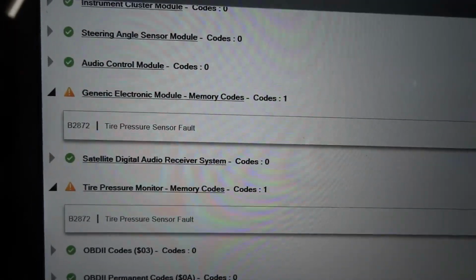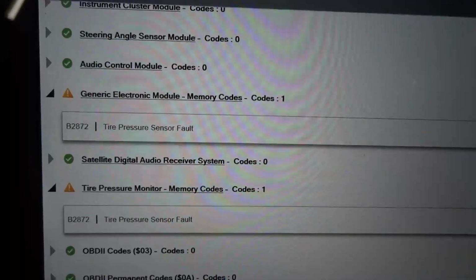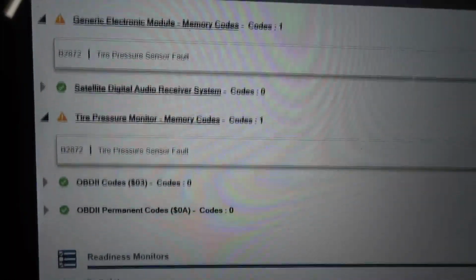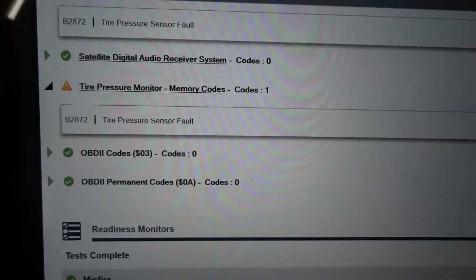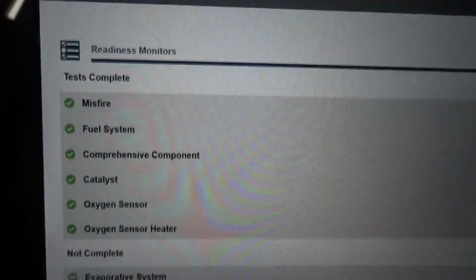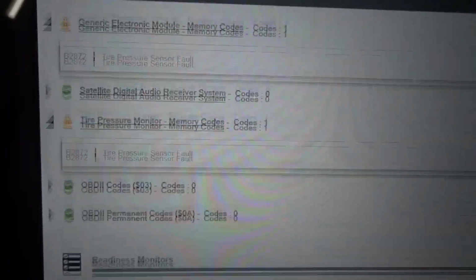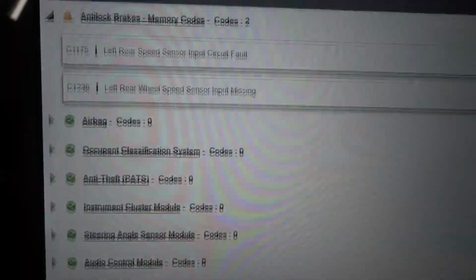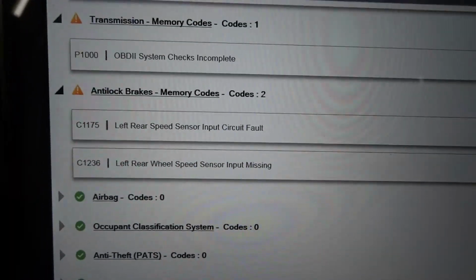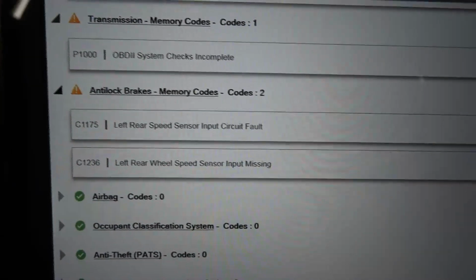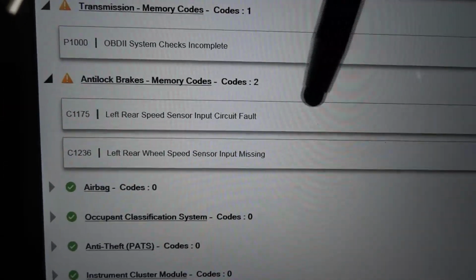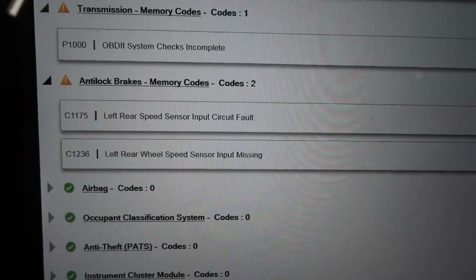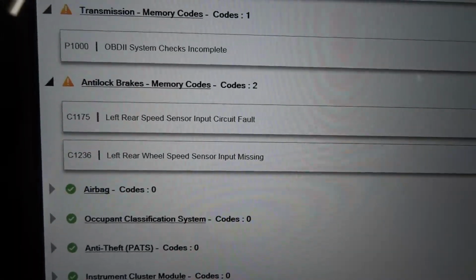So we got some tire pressure sensor fault codes over here. We got zero codes in the OBD, the generic side, so there's no code there. That's good. All right, so let's go back to the ABS control unit. Now, I'm pretty sure this is gonna be a quick and easy one. Like I said, these codes are usually caused by a defective sensor, a problem in the wiring, or a bad bearing.